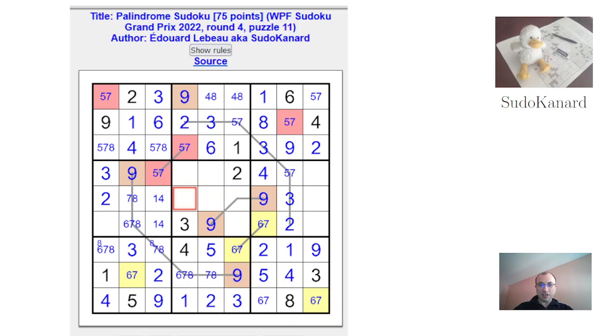Still not quite finished. This, we still need 5, 6, 7, and 8, but there's a 5, 7 pair in this row, so this is 6 or 8. I still need 1, 6, and 8 in this row. That's not 6. Still need a lot of stuff.